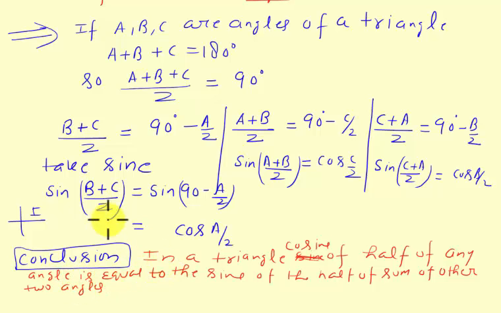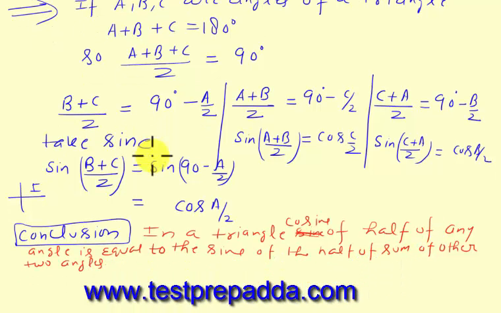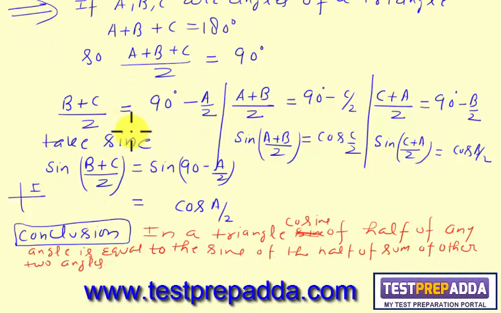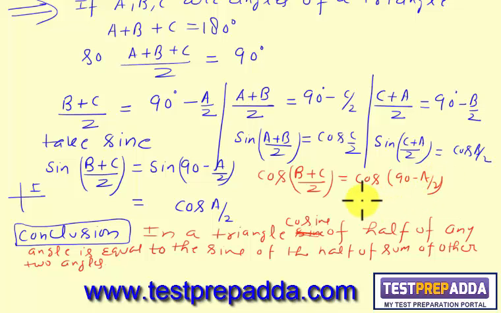Now, if I take cosine instead of sine, if I take cosine on both sides, I will write here cos B plus C by 2. And here it will become cos 90 minus A by 2. Now, cos 90 minus theta is what? Sin theta.